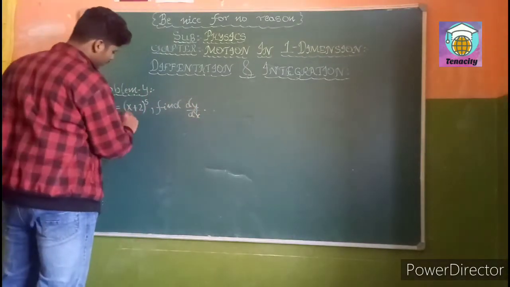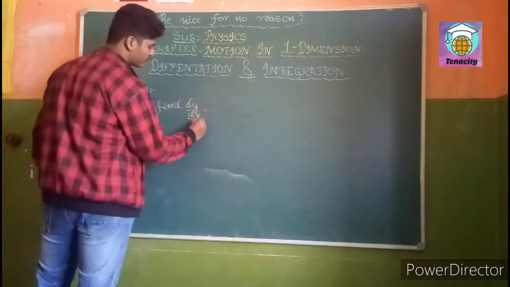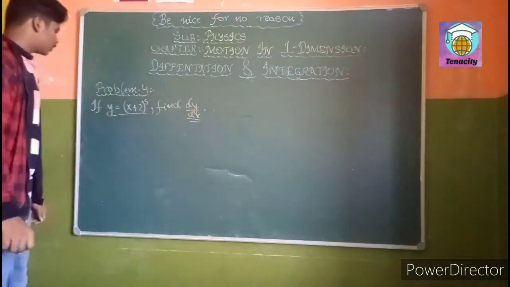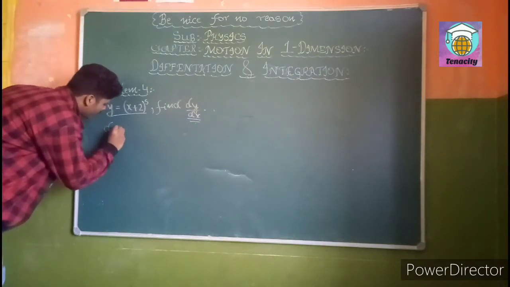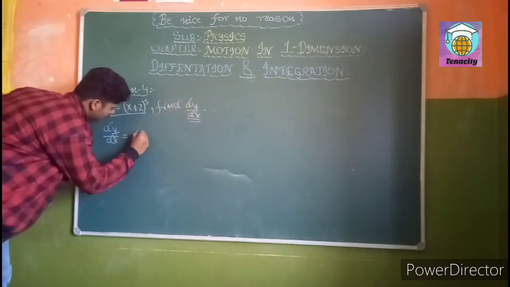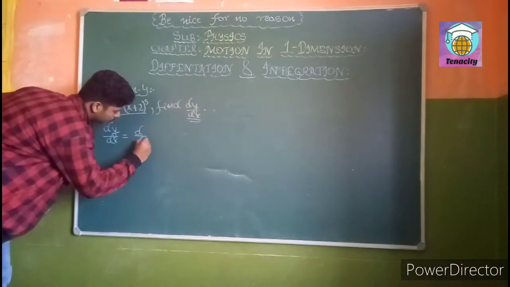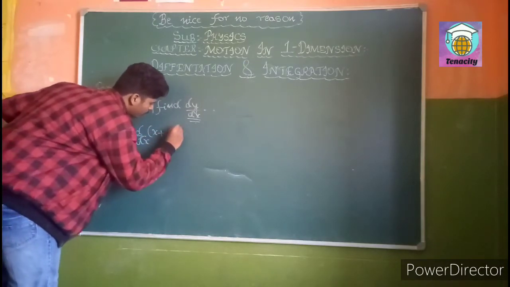They have given y is equal to (x plus 2) to the power 5. You have to find dy by dx. So you write dy by dx is equal to d by dx of (x plus 2) to the power 5.